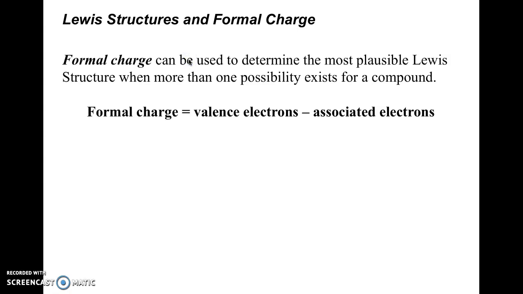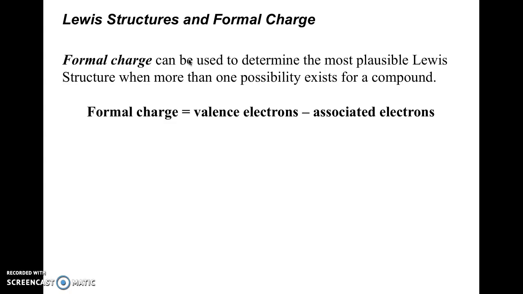So with Lewis structures, we can calculate formal charges. Formal charges are not real charges. They are a bookkeeping method to help us figure out which of some possible structures is the most plausible structure.